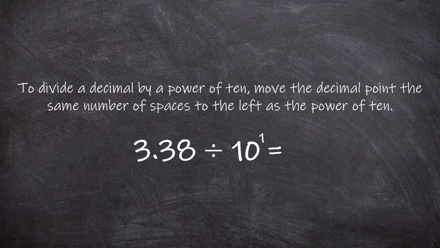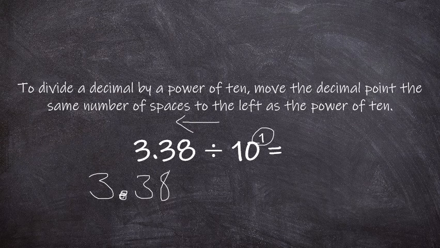To divide a decimal by a power of 10, move the decimal point the same number of spaces to the left as the power of 10. So in this case, we have 3 and 38 hundredths. And we're going to move the decimal point 1 space to the left.